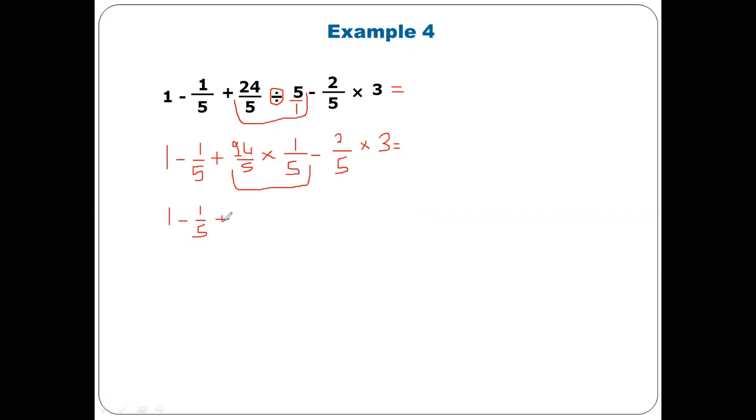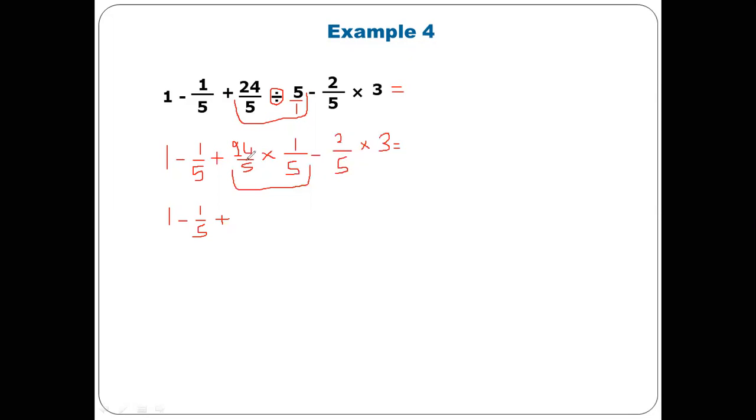Now, in order to multiply two fractions, it's not necessary to get the same denominator. We should never find a common denominator in order to multiply two fractions. Instead, we have to use cancellation method. So I have to search for a common divisor that may divide a number in the numerator and a number in the denominator.